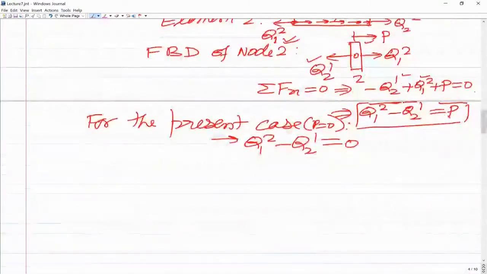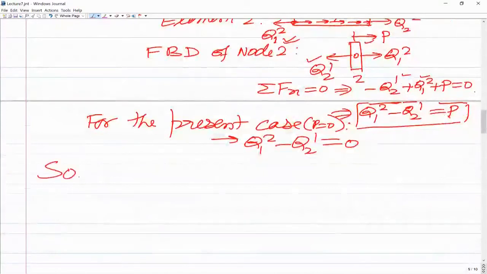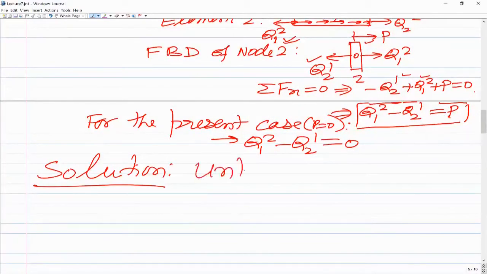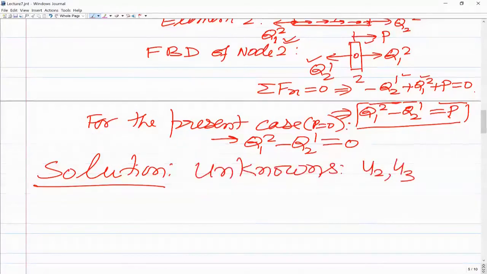The next step is the solution. As I just explained, after the boundary condition, if you look at the unknowns, u1 is already equal to 0, so that's no longer an unknown. u2 and u3 are unknowns. q22 is already equal to 0, and q12 minus q21 is also equal to 0, so that is known.